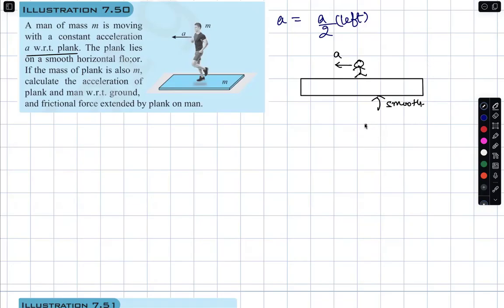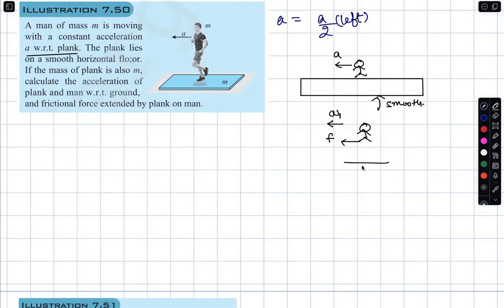Please try to understand how the man gets acceleration. Some frictional force should act in the forward direction, and that provides acceleration A1 to him. Don't get confused, it is not A. A is the acceleration with respect to the plank.